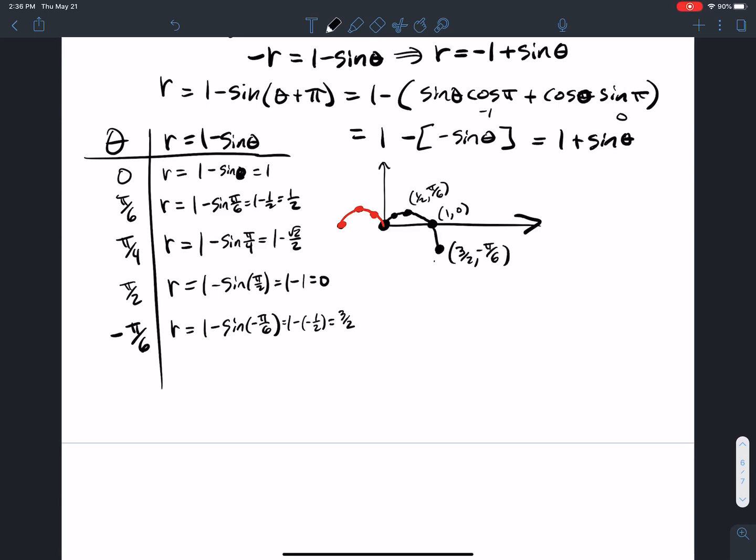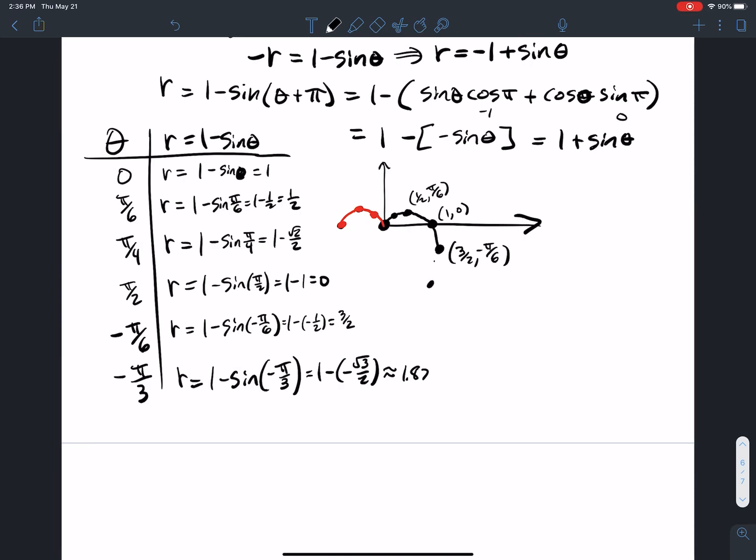And then let's do negative pi over 3, why not? r equals 1 minus sine of negative pi over 3. This is equal to 1 plus square root 3 over 2, which is roughly 1.87. So that's even further out.